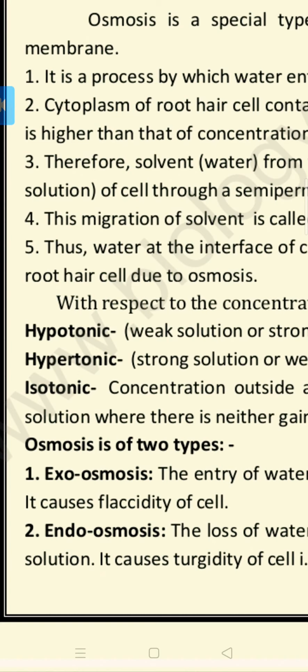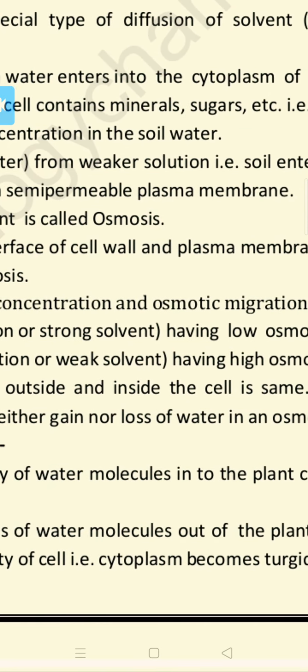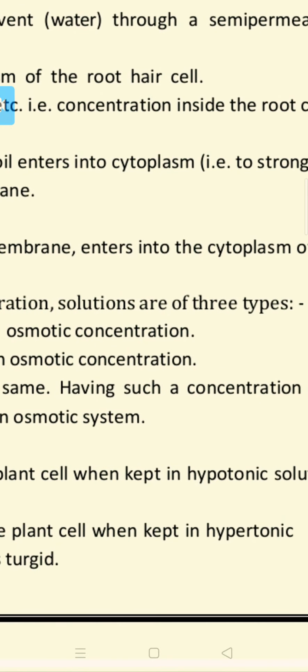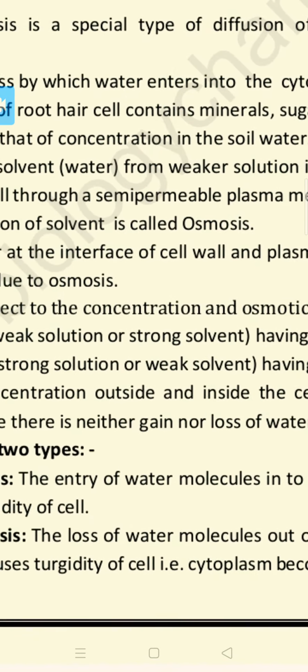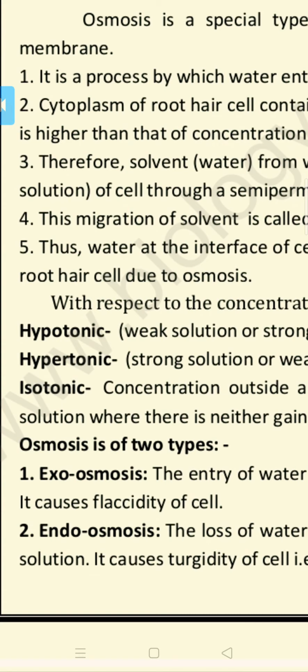Now there are basically two types of osmosis, exosmosis and endosmosis. Now we will study exosmosis. The entry of water molecules into the plant cell when kept in a hypotonic solution causes turgidity of the cell.